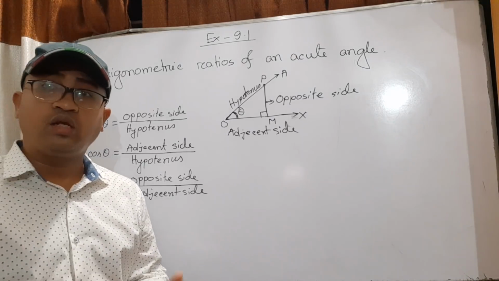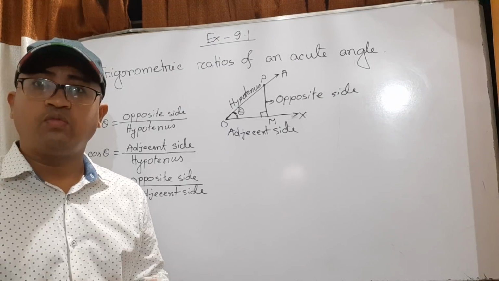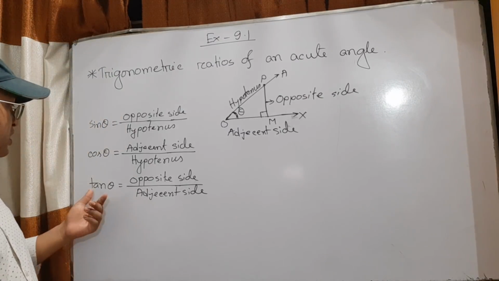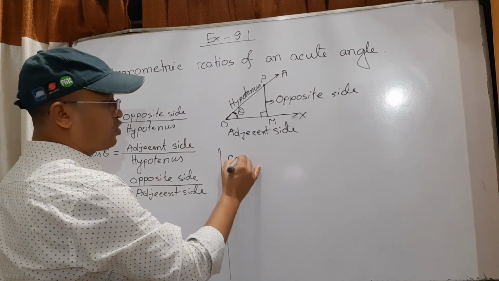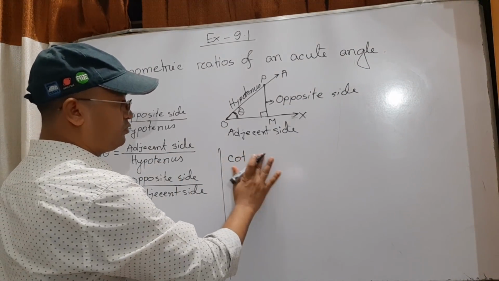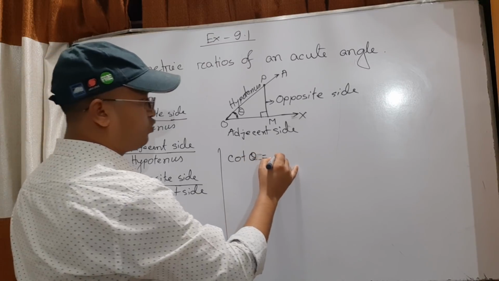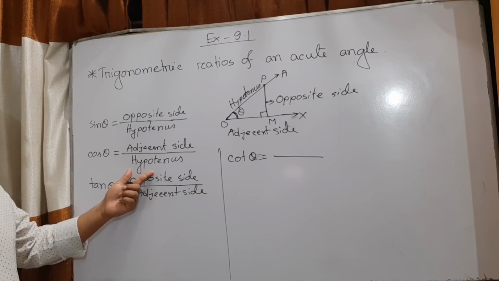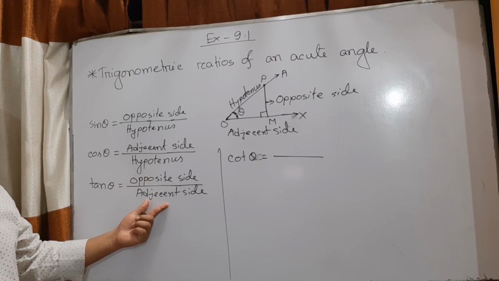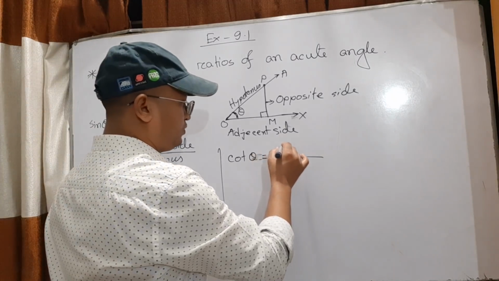Now there are three more opposite ratios. The opposite ratio of tan theta is called cot theta. That will be the opposite of tan theta, that is adjacent side by opposite side.